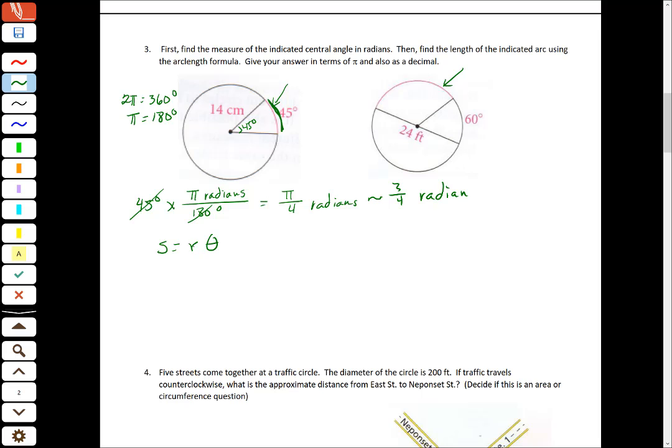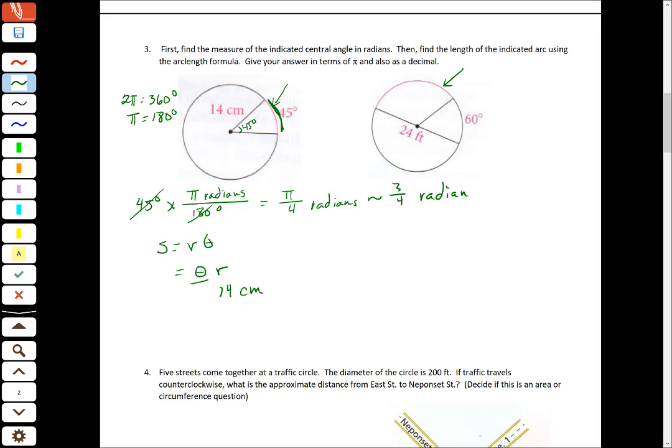So I want to do this. We usually write arc length as r theta, but you really think of theta as how many radiuses wrap around, and then I multiply it by the length of the radius, which in this case is 14 centimeters.